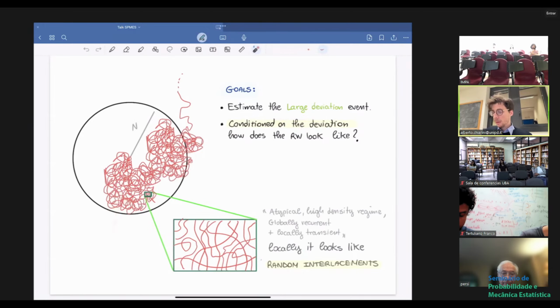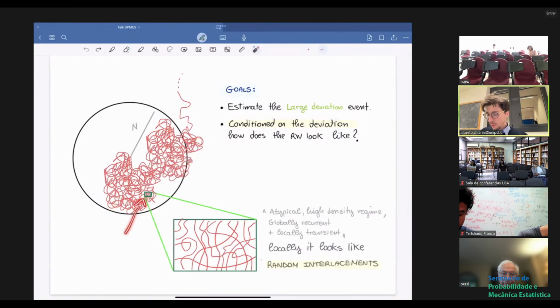quite consistently. Here I have a picture in dimension 2. So what we want to do is to cover a macroscopic fraction of this body.